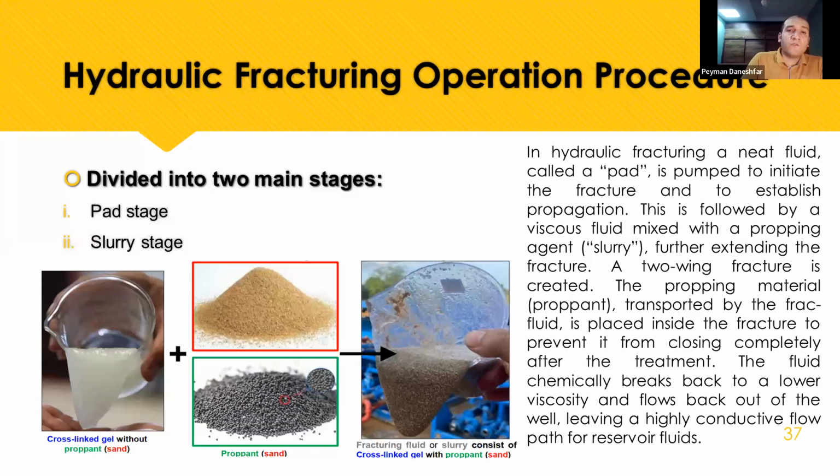Pad stage is just a fluid, fracturing fluid without proppant, or a neat fluid. What is the slurry stage? The slurry stage is a fracture fluid mixed with proppant. So we divide it in two stages, pad and slurry, which we can also call the PLF stages.